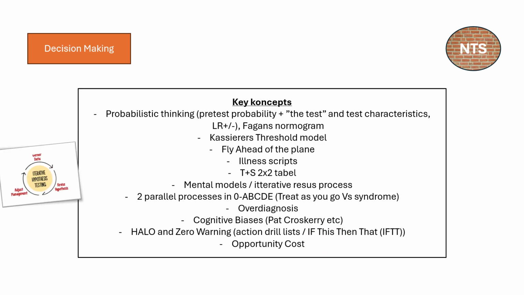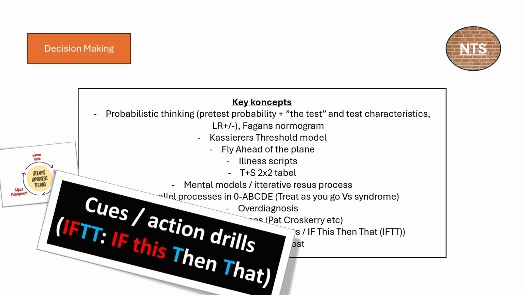And one of the key models that we also talked about is the iterative model. I'll be posting some of the pictures. This is a lightning round, just going through it and showing where you can deep dive afterwards. These cues to action: you have to have illness scripts for time-critical and serious conditions.